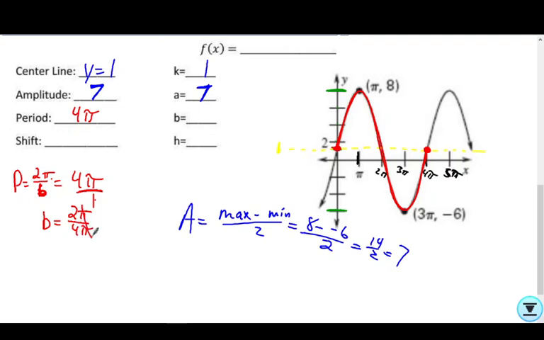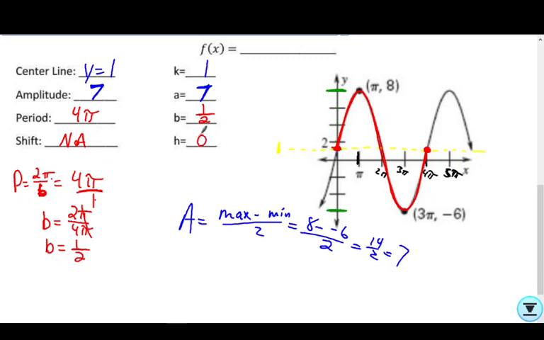Pi divides out with pi, so b is 1/2. So there's my b. Now, since we picked sine specifically that we don't have a shift, do we have a shift? No shift, which means h is 0.